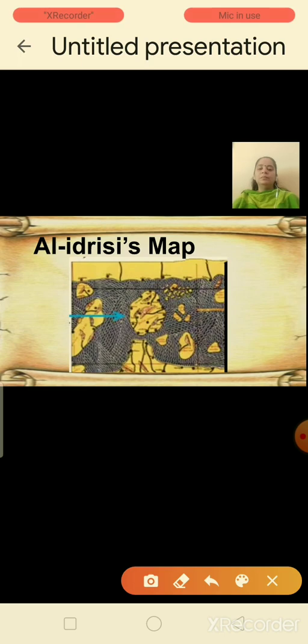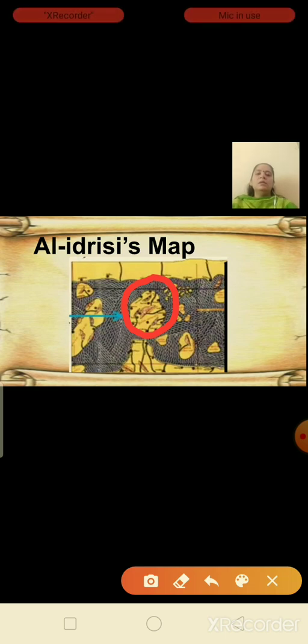So, children, in Al-Idrisi's map, South India is where we would expect to find North India, and Sri Lanka is the island at the top. Can you see this? This is Sri Lanka, okay, but in Al-Idrisi's map it is shown at the top.